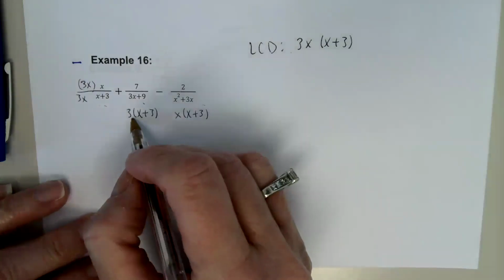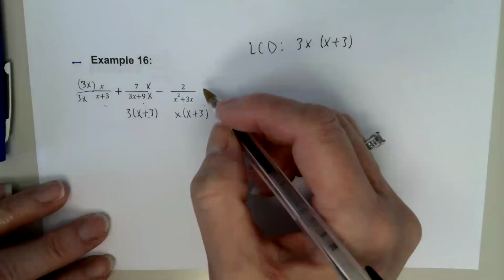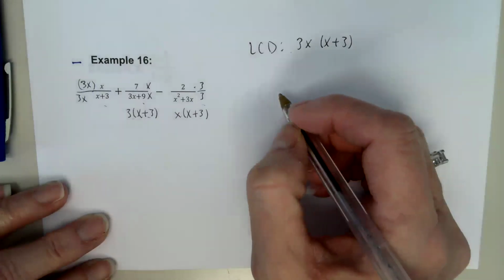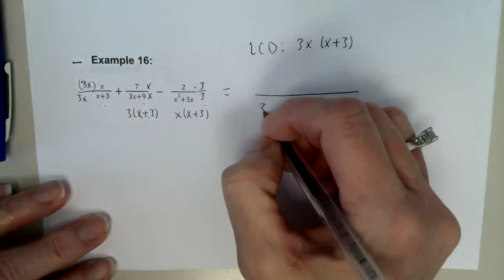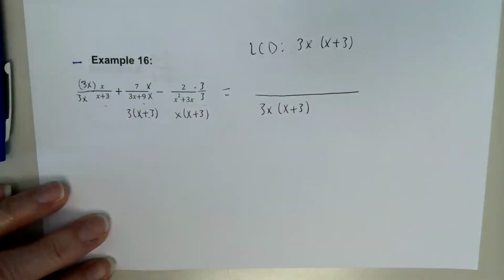And the second fraction is just missing an x over x. The last fraction is just missing a 3 over 3. And they're all over the denominator of 3 times x plus 3.